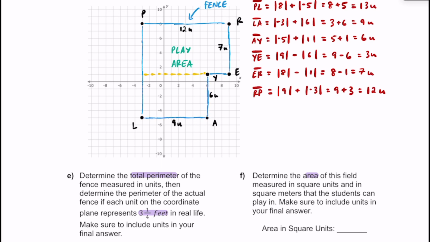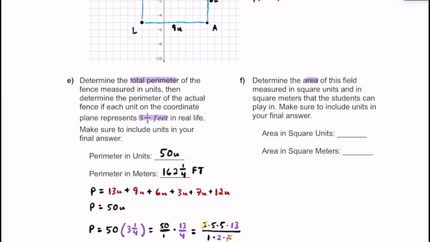So let's do 12 by 7 first. The area for the first one is going to be its length times width. So that's going to be 12 units multiplied by 7 units. 12 by 7 is going to end up being 84 units squared.